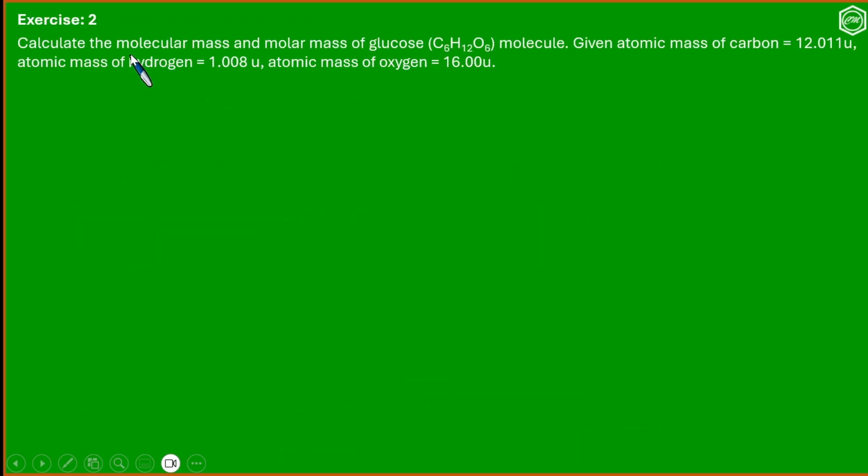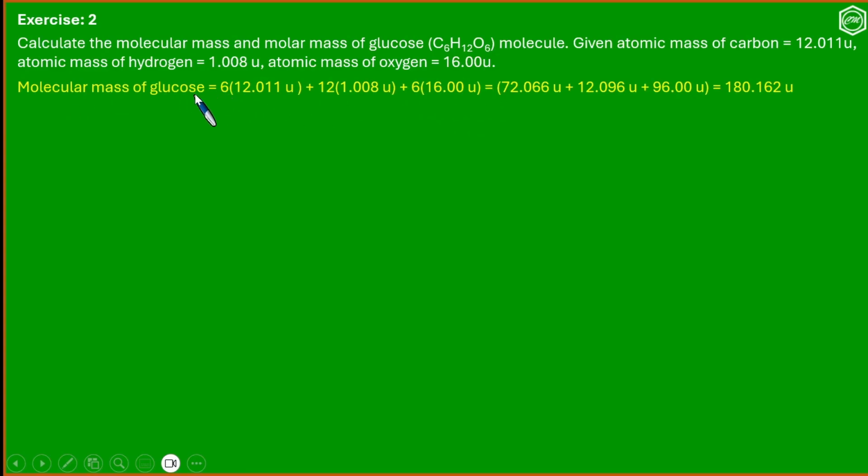Now calculate the molecular mass and molar mass of glucose, C6H12O6. Given atomic mass of carbon 12.011 u, atomic mass of hydrogen 1.008 u, atomic mass of oxygen 16.00 u.